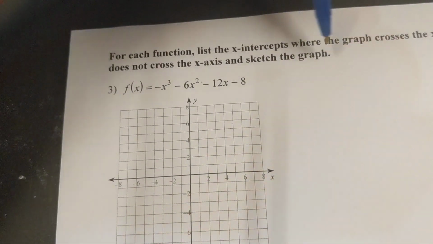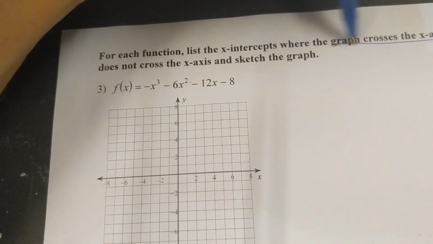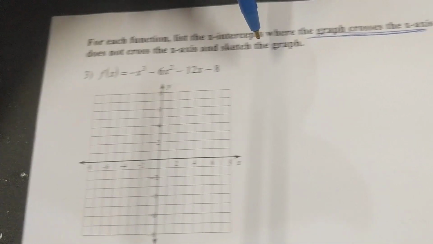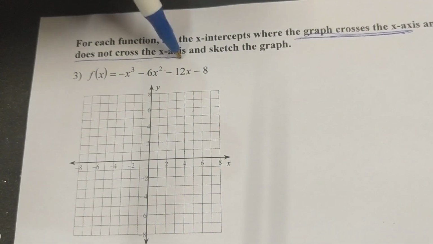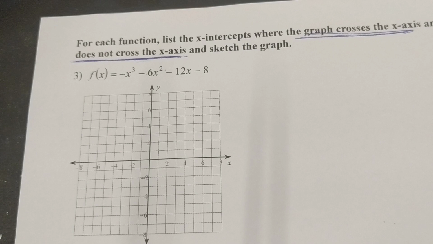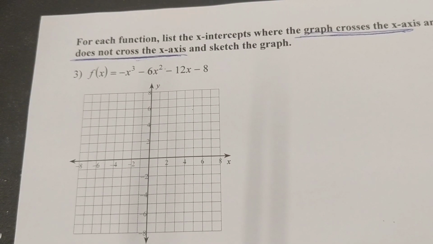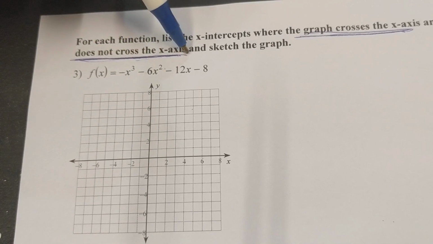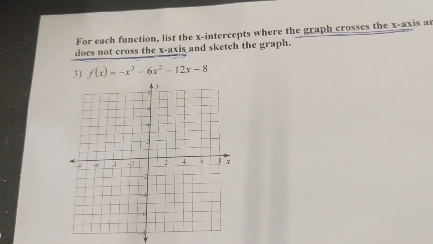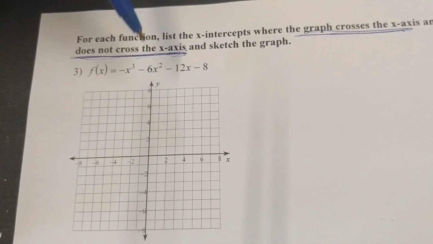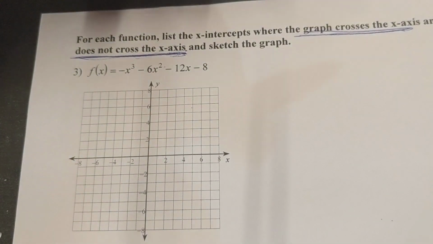When we say x-intercepts where it crosses, remember, that's where we don't have multiplicity greater than 1. Those where it does not cross the x-axis are where you get a zero with a multiplicity of 2 or more. If you get 2 of the same number making zeros here, then that's a place where I don't cross it. I just graze past it like we were saying on the last problem.